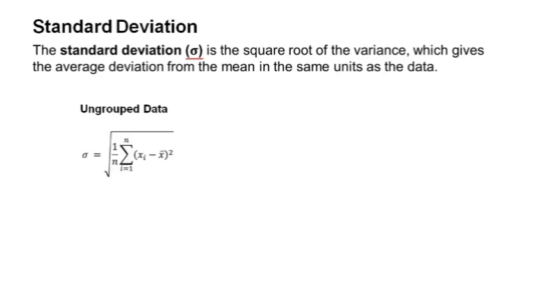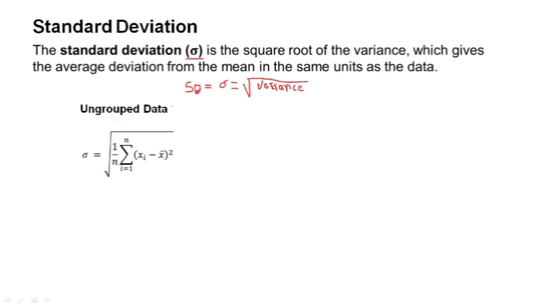So in general, we say the standard deviation or sigma equals the square root of the variance. You have to take the square root of the variance, so you will get the standard deviation.